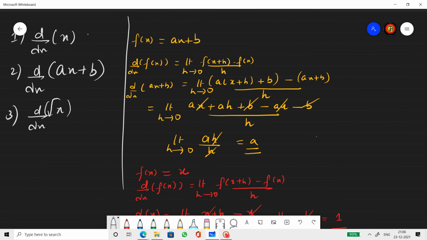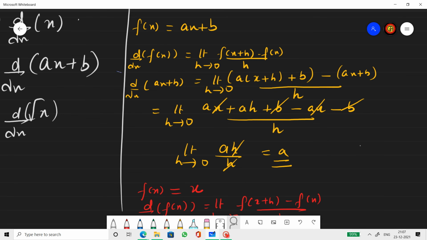So there are three more sums based on this type. I would like to explain them quickly to you all. f of x is ax plus b. We need to use the first principle to differentiate this. So here there is the formula: limit h tends to 0, f of x plus h minus f of x by h. Since f of x is ax plus b, f of x plus h would be substituting x as x plus h.